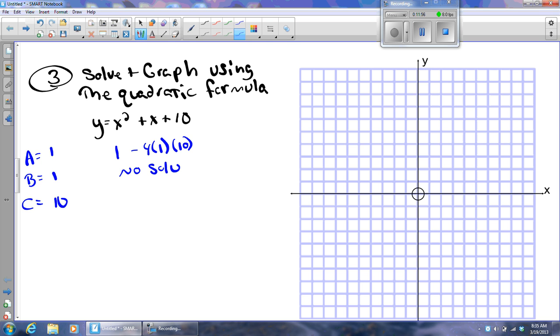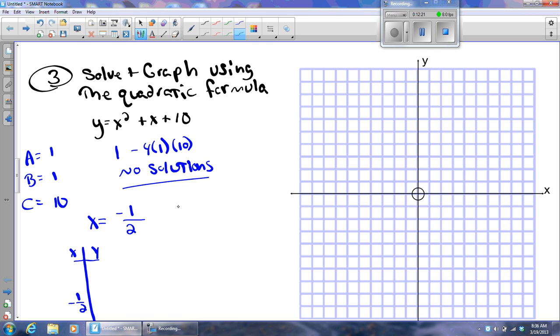So I am not going to go to the quadratic formula any longer. I don't need to use the whole thing. I'm going to use x equals negative b over 2a. So the x-coordinate of my vertex is at negative 1/2. Now, it's not like the other one where it's sitting right on the x-axis.